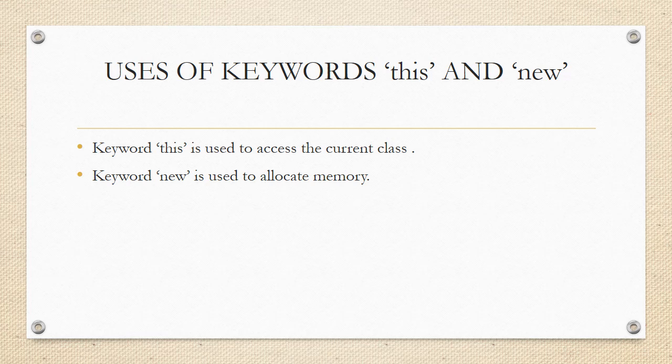That's why the compiler cannot allot predefined memory to objects of these kinds. So for this purpose, we are using the keyword new to allocate the memory area. So what is the main purpose of keyword new? It is used to allocate the memory. And keyword this is used to access the current class.